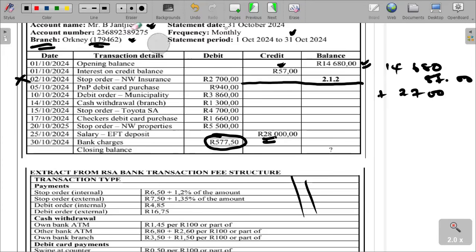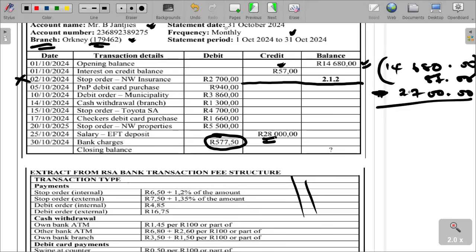We are adding all this. And of course, don't forget that we are saying first items. This is an expense. So we are saying 14,680 plus 57 minus 2,700.